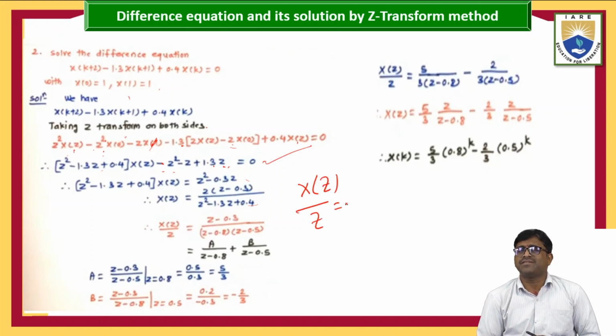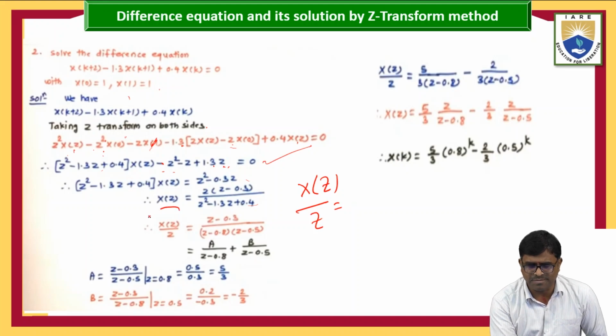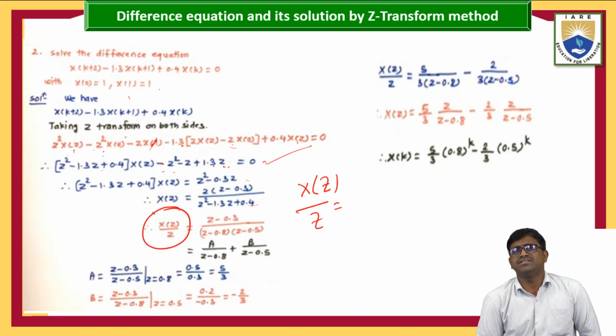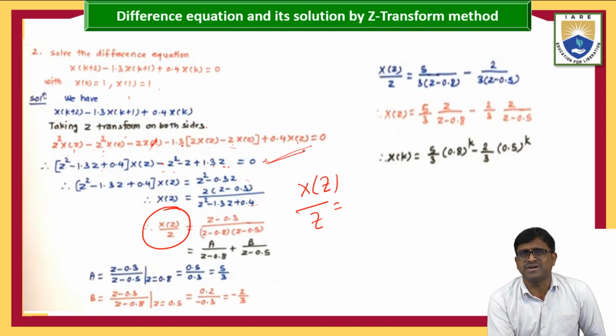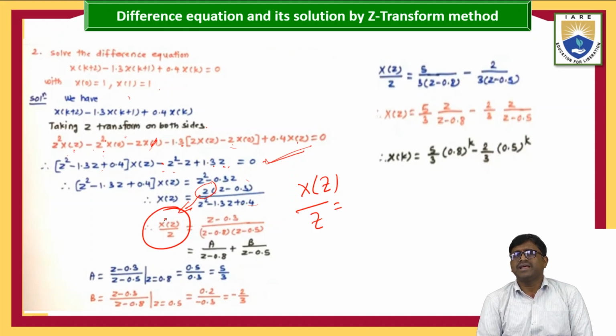That's why I am going for this mathematical simplification. Here x of z is taken common, and in the numerator z is taken common. After that, if you take this z to the other side, that is x of z by z, so what happened?